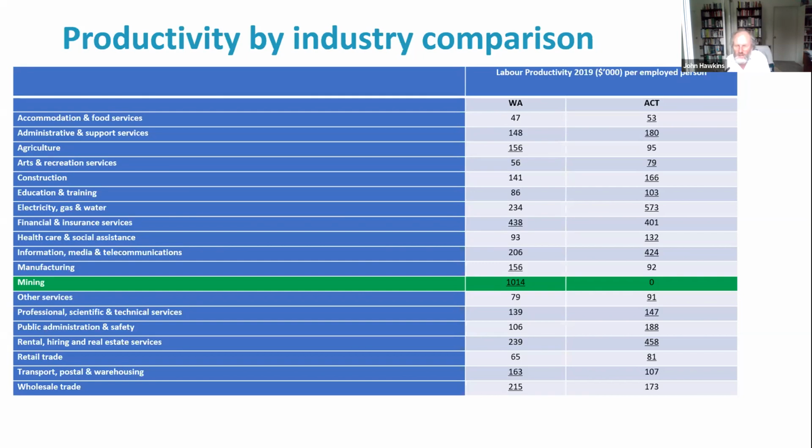And that seems to be leading to some of these high-tech services clustering in the ACT and benefiting from a well-educated workforce and benefiting from links with the universities, and that seems to be the story of how the ACT is almost matching WA overall, despite not having the holes in the ground.